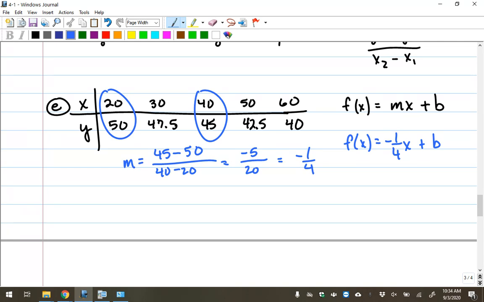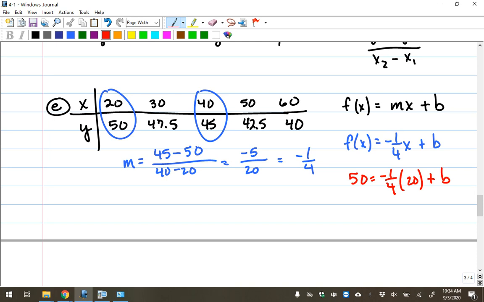I need to pick an ordered pair. I'm going to pick the 20, 50 because it looks like the easiest one, and work it out. So I'm going to plug in 50 for y, negative 1/4 times 20 for x, plus b. And I'm going to solve that equation for the y-intercept.